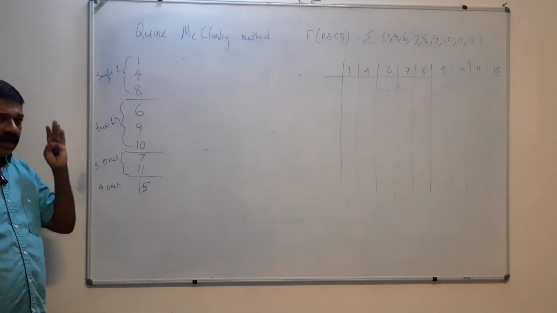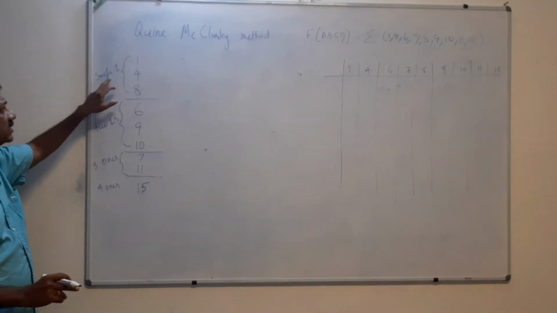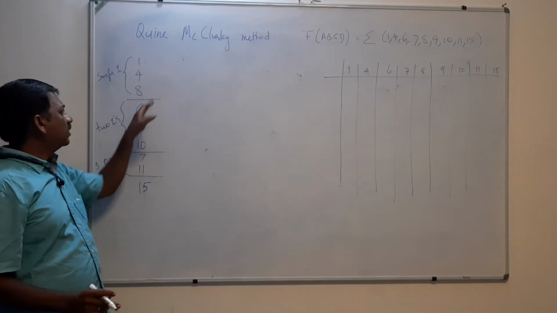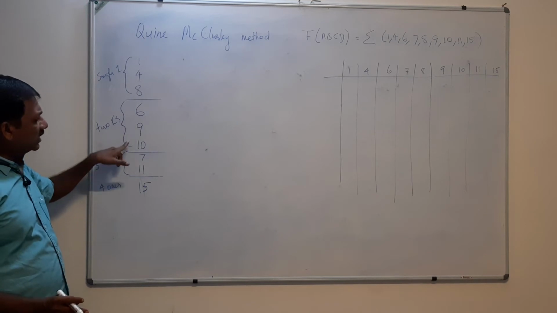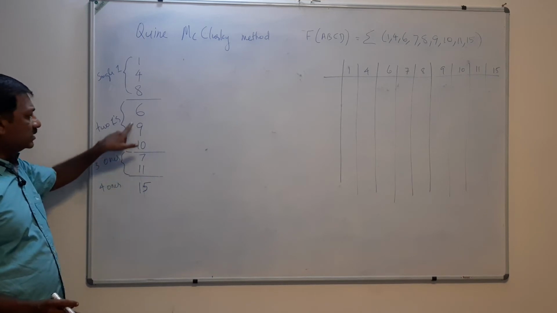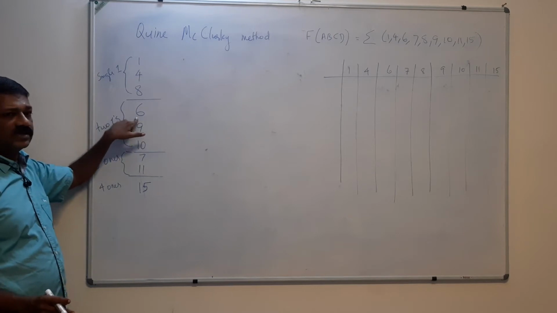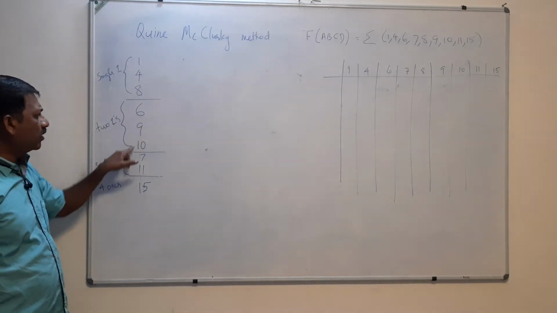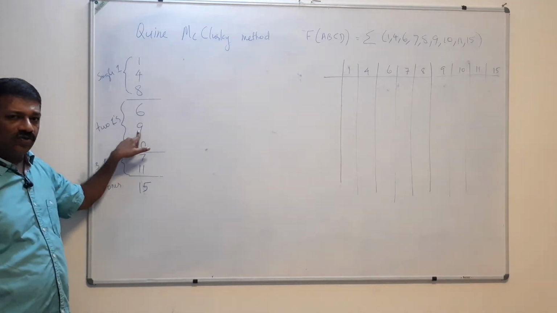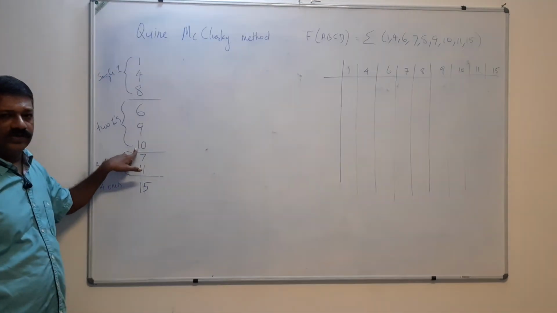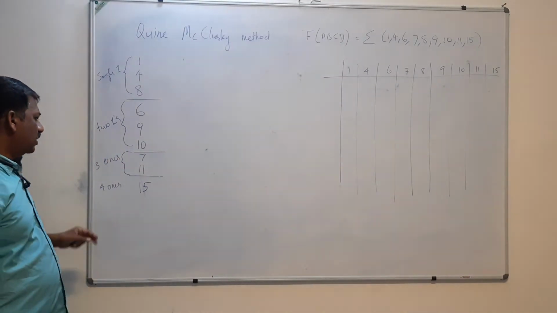Only a single one is there in the binary pattern. For 6, 9 and 10, there are two ones in them: 6 is 0 1 1 0, 9 is 1 0 0 1, and 10 is 1 0 1 0.